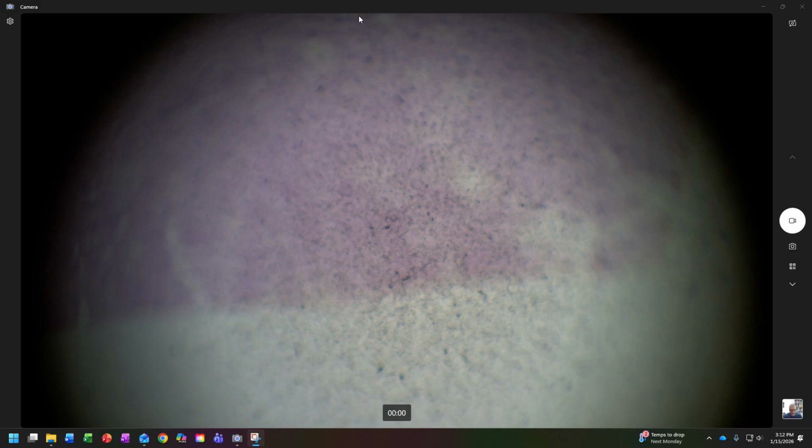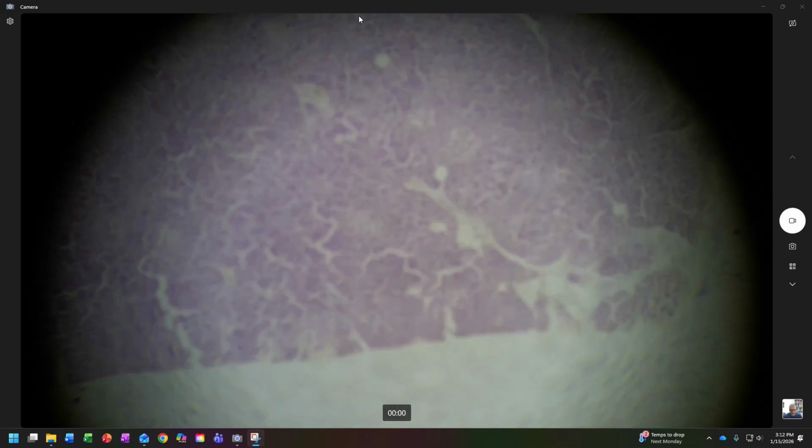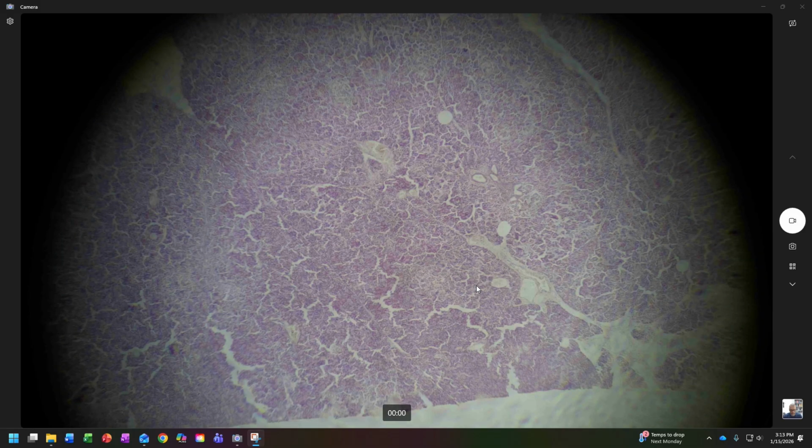All right, so let's start off with this slide here. Let's get it in focus. So this one here, we can start to see some things. It's not very apparent, and that's what stinks about this. Most of this tissue that you see here is going to be pancreatic acinar tissue.